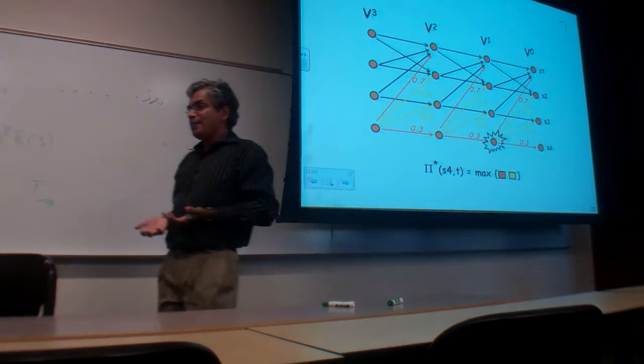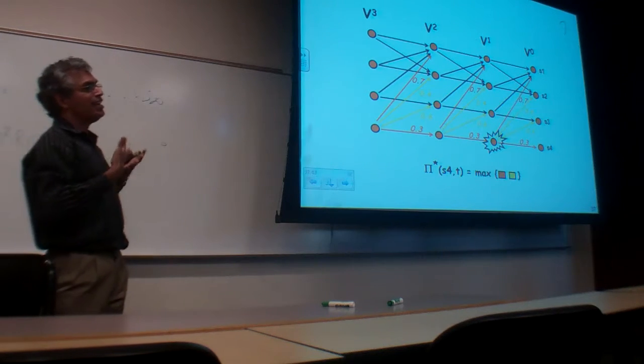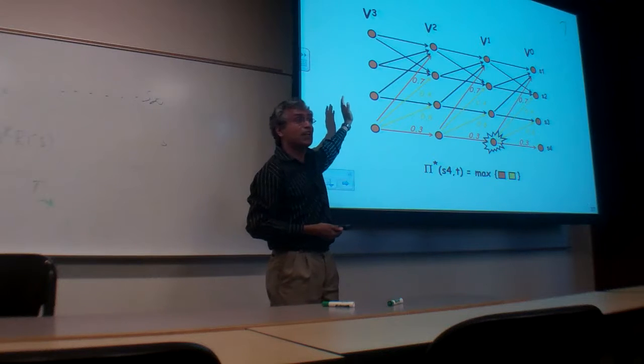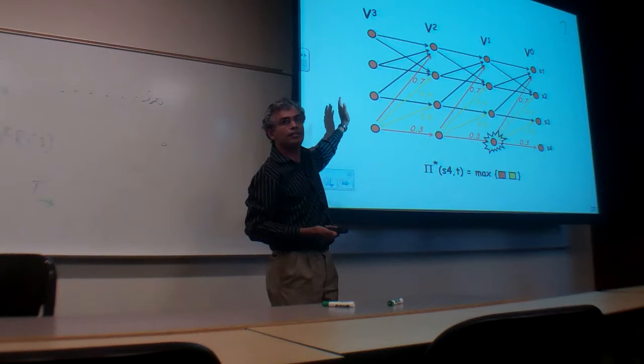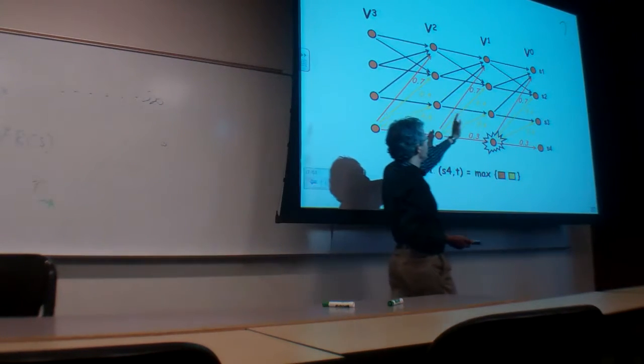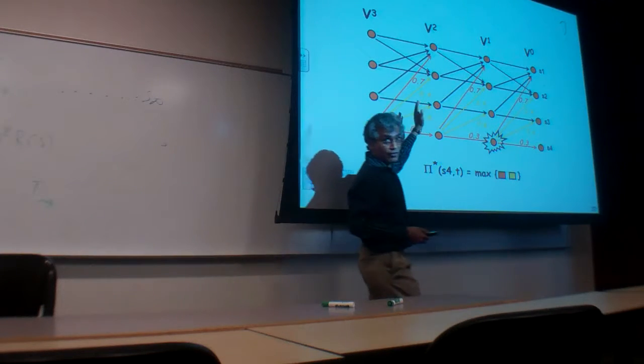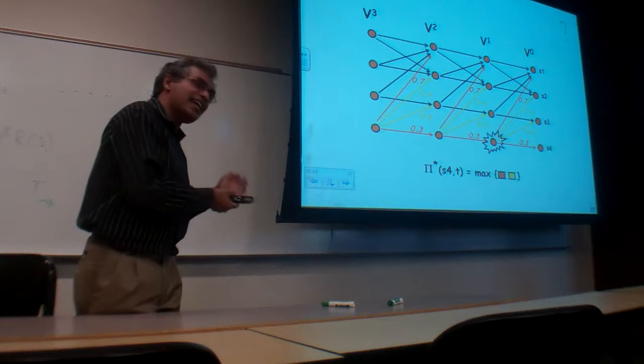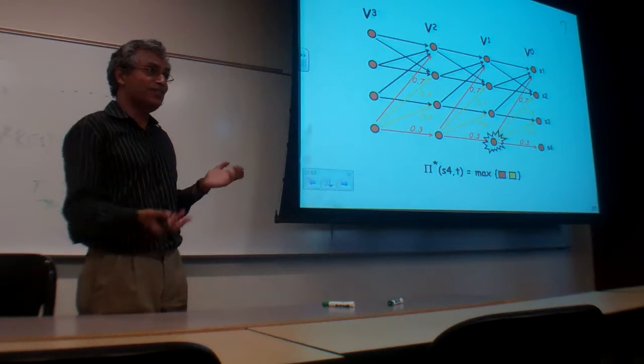If this MDP does have a stationary optimal policy, then this V better start converging. Even though V0 and V1 and V2 are different from each other, if V100 is still just as different from V101, you're not going anywhere.